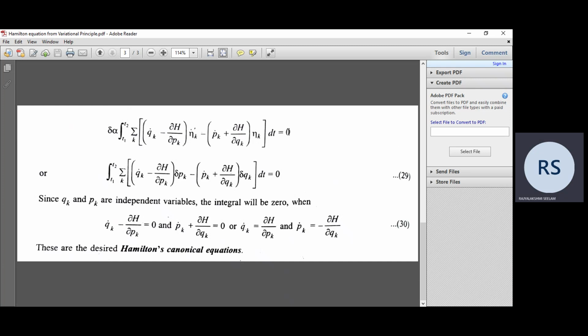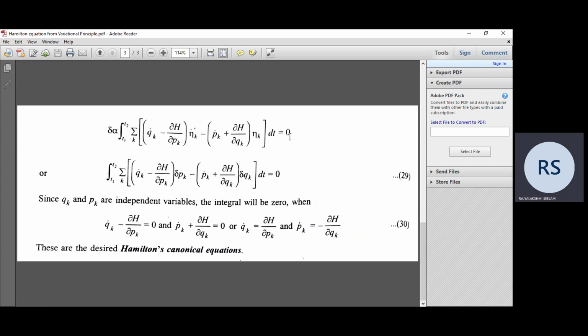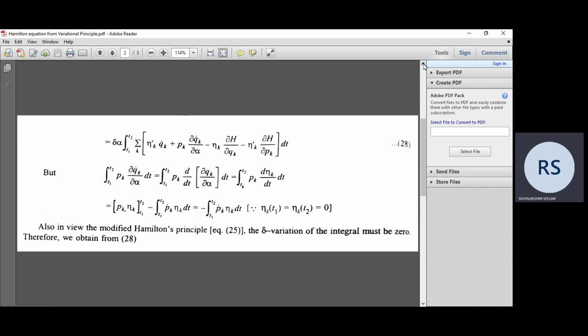Already I told you the LHS becomes 0. In view of the modified Hamilton's principle, the delta variation is 0, so the LHS equals 0, that means this term becomes 0. So here, ∫ from t1 to t2, we have η'k δα, which is δpk.